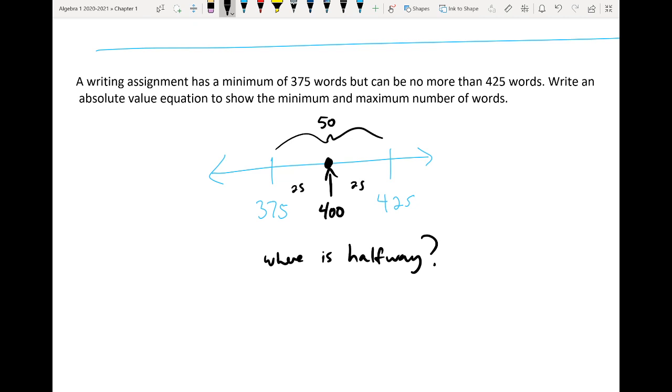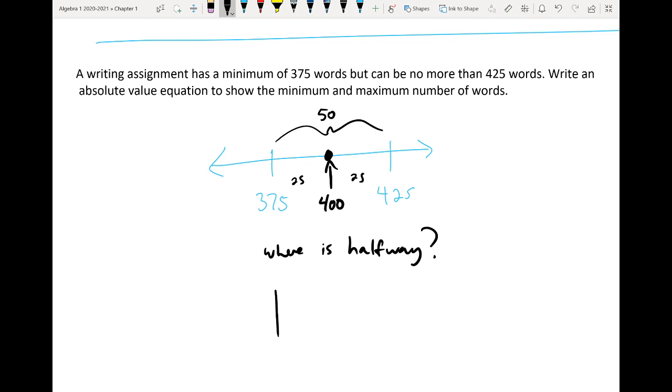So the absolute value, gentlemen, is actually going to be pretty straightforward. You're going to do it like this. That determined halfway value, that's what we're going to subtract. So the absolute value of x minus 400. Take that halfway value, throw it in right there, is equal to, and I want us to think about going up and going down.